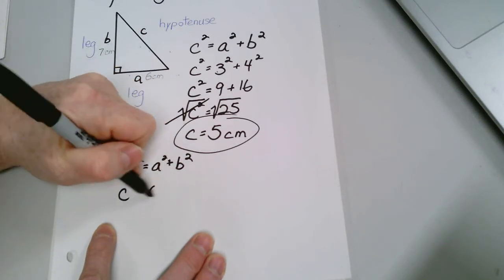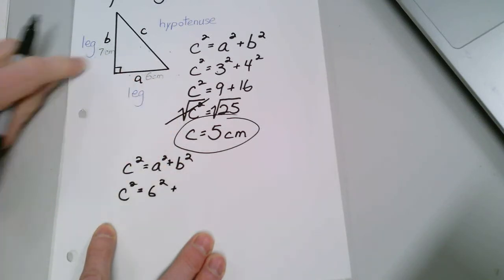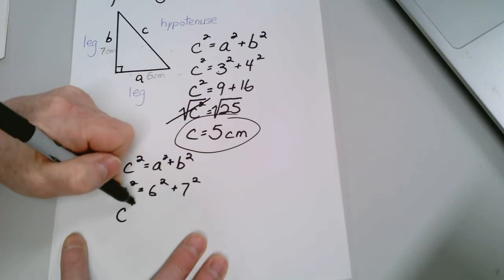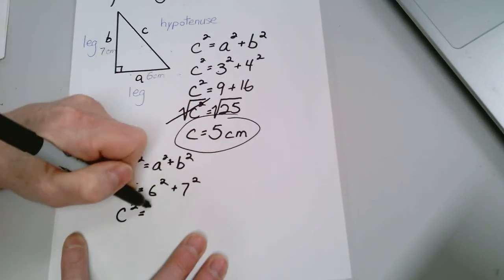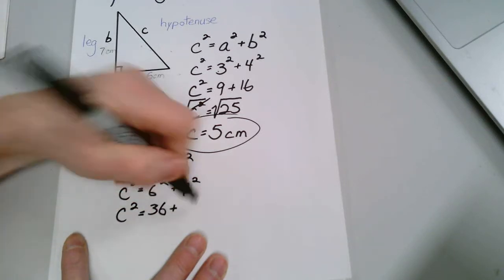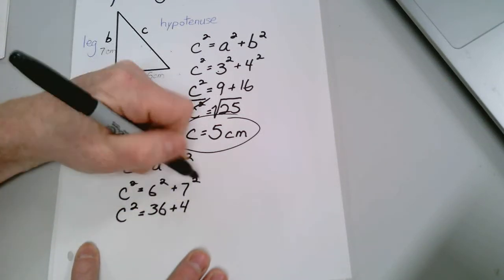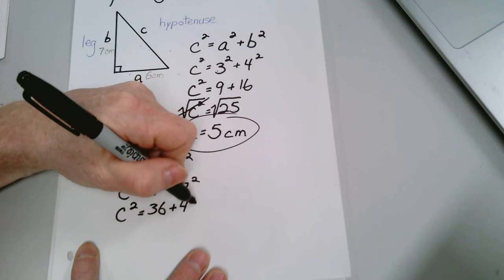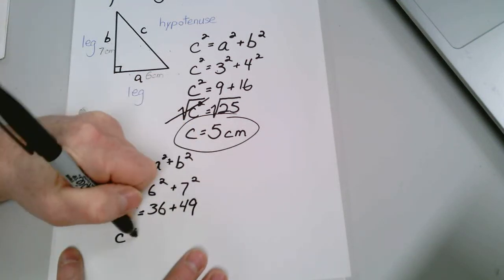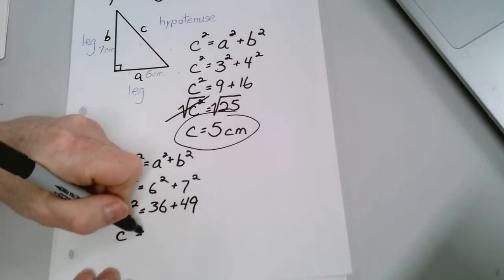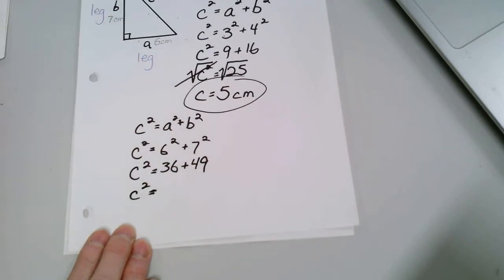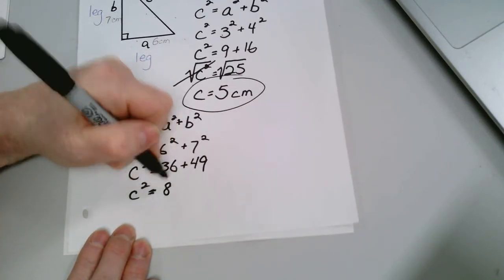A is 6 squared. B is 7 squared. 6 squared is 6 times 6, 36. 7 squared is 49. Remember, we do the exponents first before the adding, according to BEDMAS. And then C squared equals 36 plus 49, which is 85.